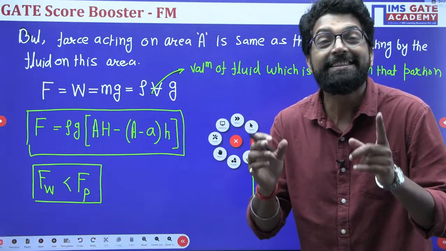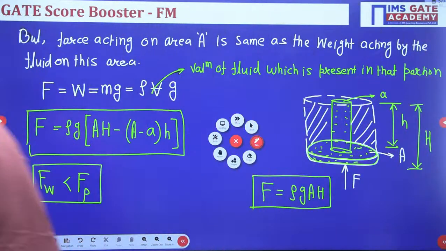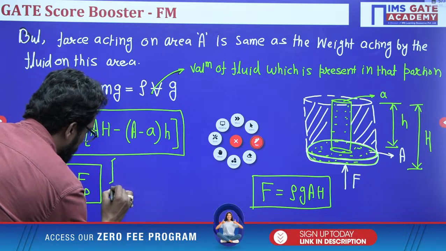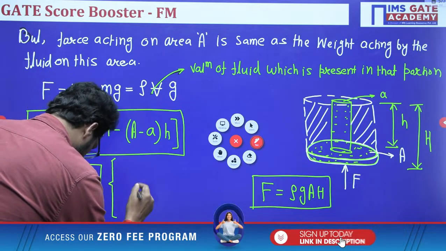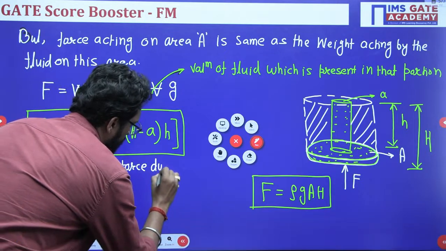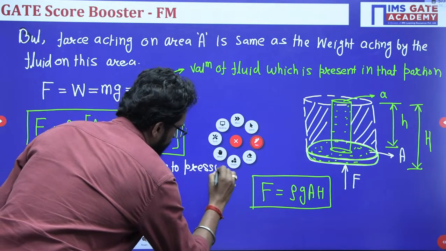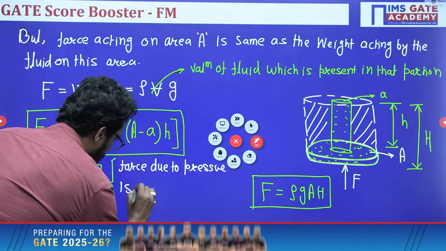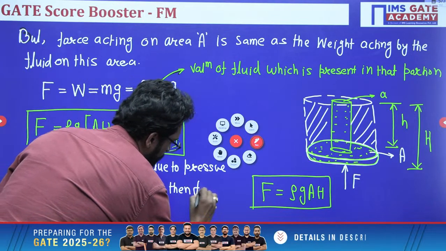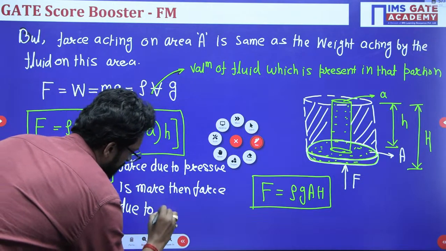That means there is an exception. This is called hydrostatic paradox. Hence we can say that the force due to pressure is more than the force due to weight.